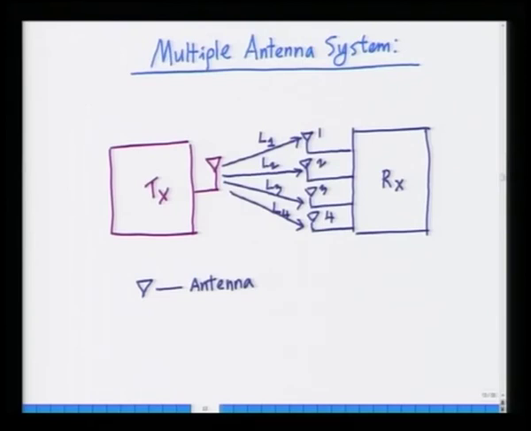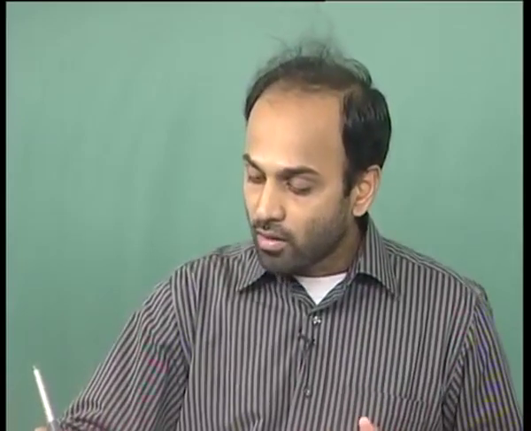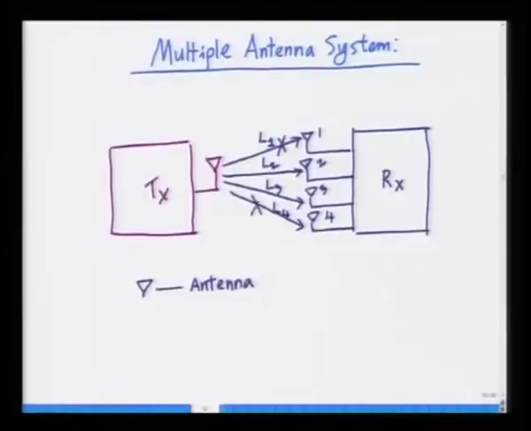Now, I have multiple receive antennas, which means for the same signal I can receive through multiple ports or multiple links. Here in this specific example, I have 4 links, which means let us say L1 and L4 are in a deep fade. I can still receive information over L2 and L3.